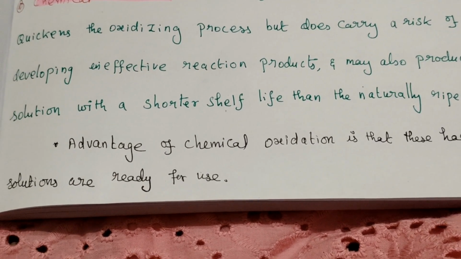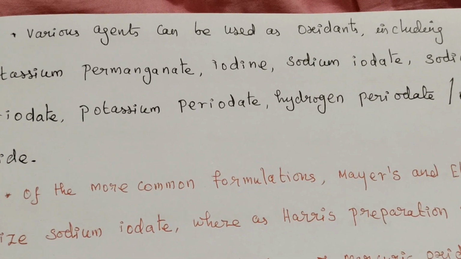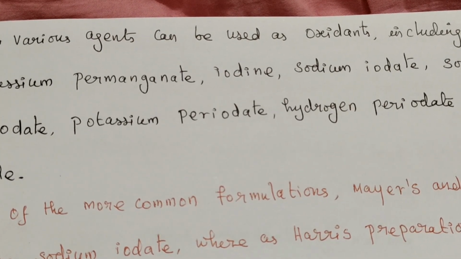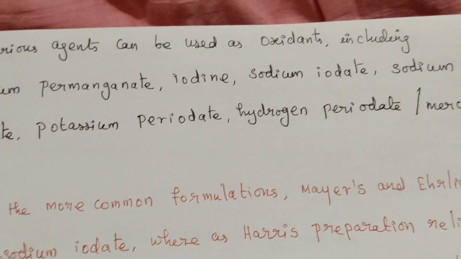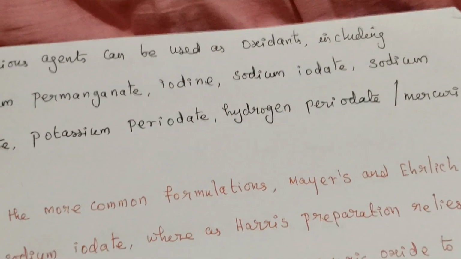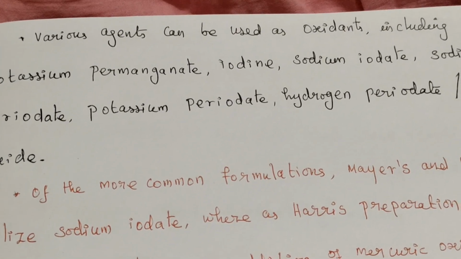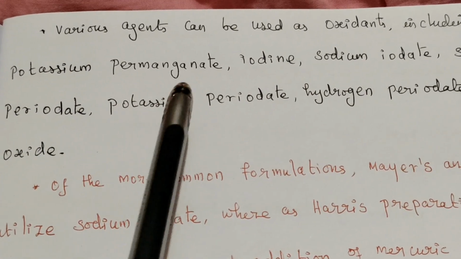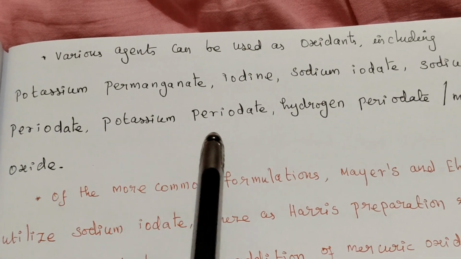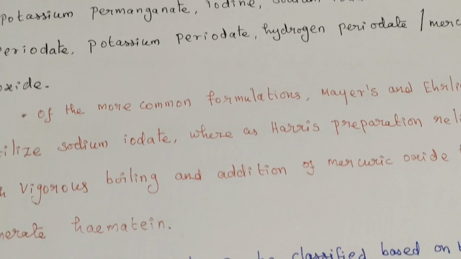Various chemical agents can be used as oxidants, including potassium permanganate, iodine, sodium iodate, sodium periodate, potassium periodate, hydrogen periodate, or mercuric oxide. These are the chemical agents.